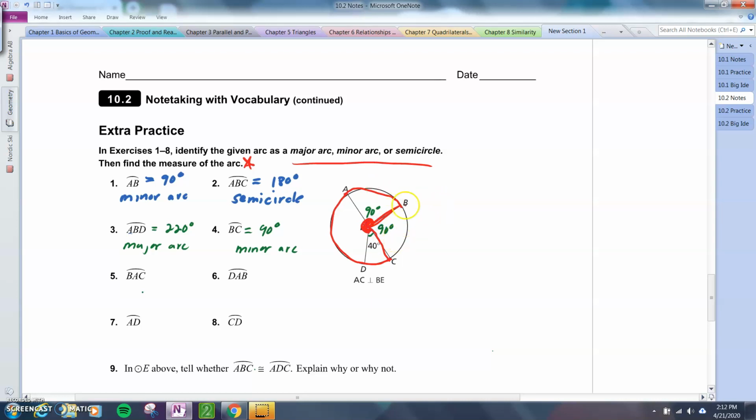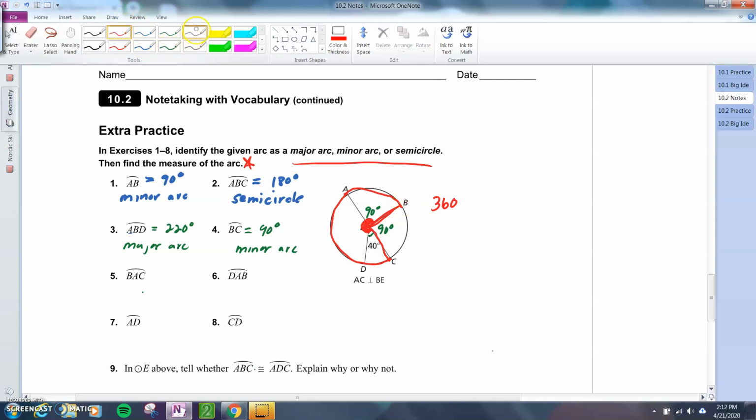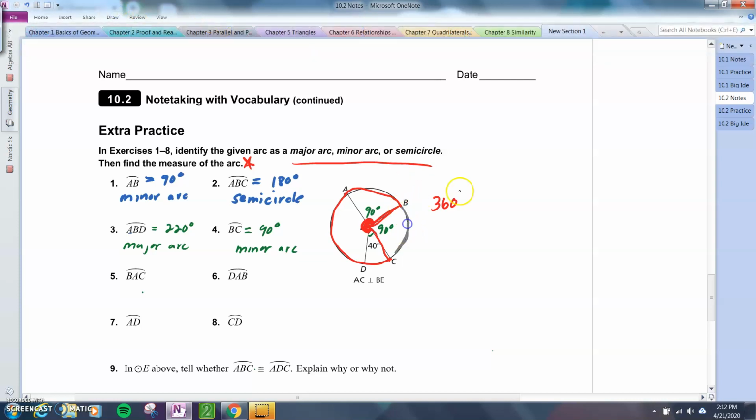It's almost the entire circle, which we know is 360 degrees, but it's missing this chunk right here. So we're going to have to subtract out that 90 degrees to find that entire BAC. And we know that 360 minus 90 degrees is 270. So BAC is 270 degrees, and that's got 3 points. It's over 180 degrees. Also a major arc.